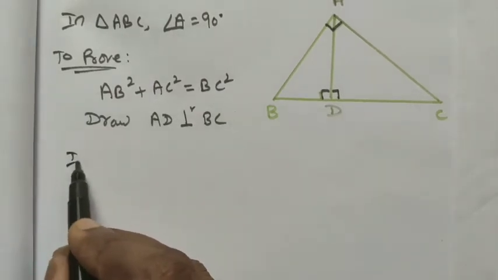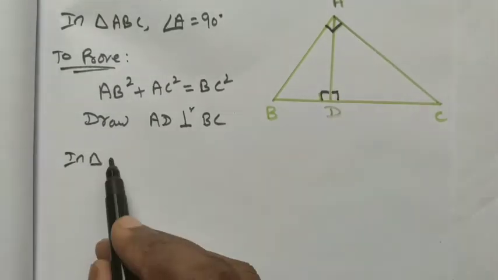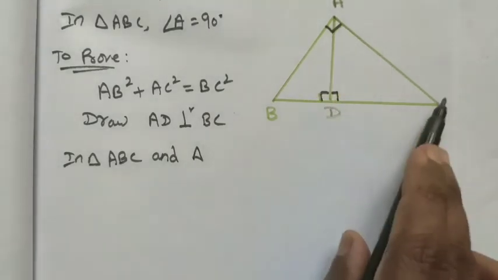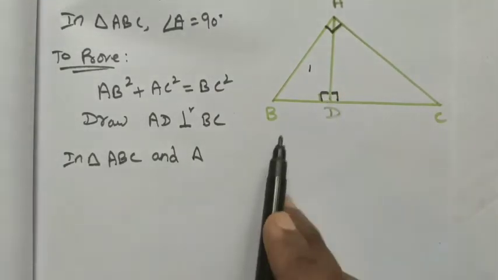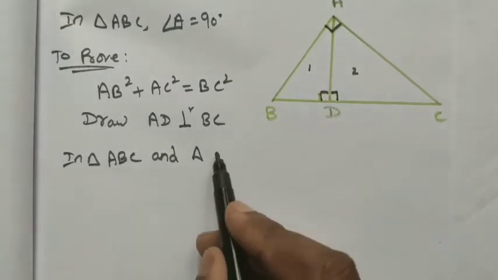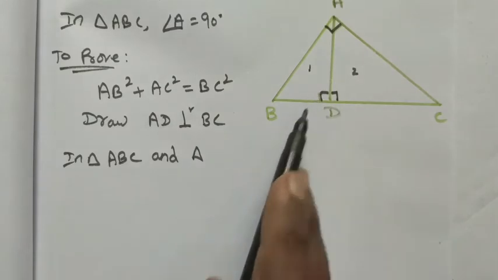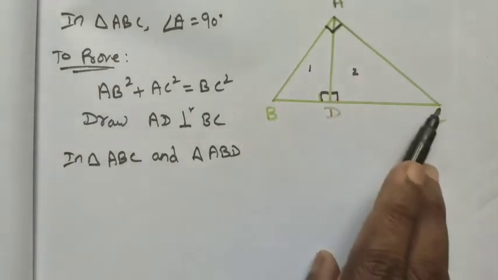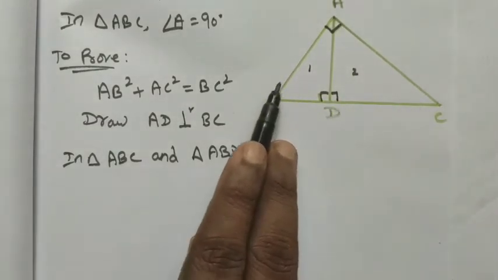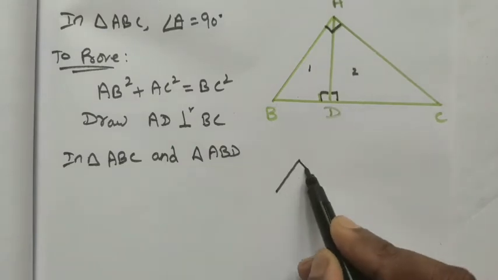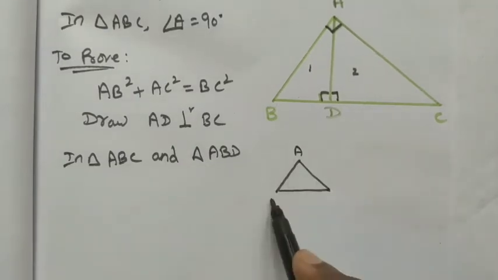Now, the biggest triangle is ABC, and then the smaller triangles: the first one is triangle ABD. Here I draw roughly. Let me take this as the triangle ABC, this is 90 degrees.